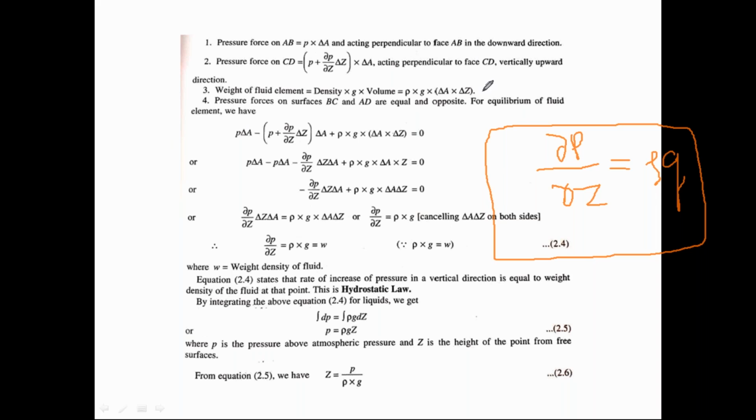This is what is known as the hydrostatic law: del P by del Z equals rho g.